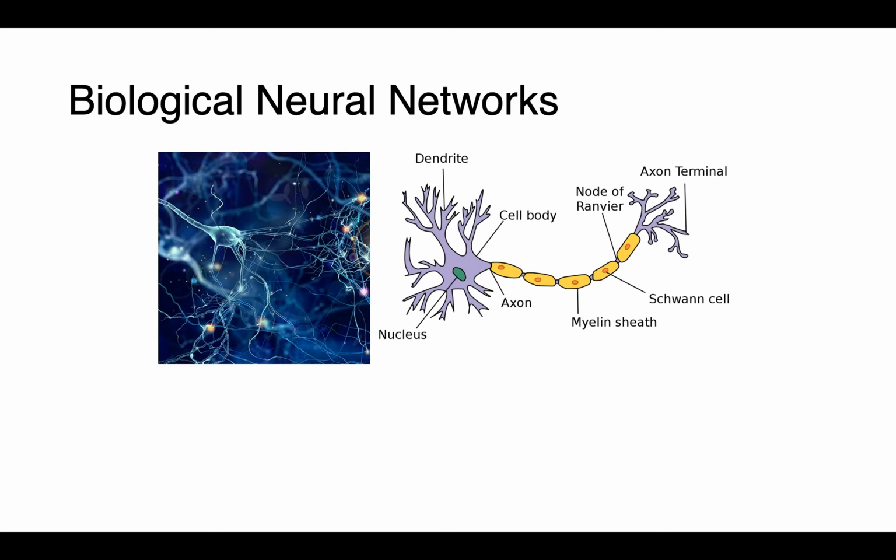So let's quickly talk about biological neural networks. You have neural cells, and they're connected to each other by synapses. The synapse is at the end of either dendrites or axon, and dendrites and axon are extensions of the cell body.